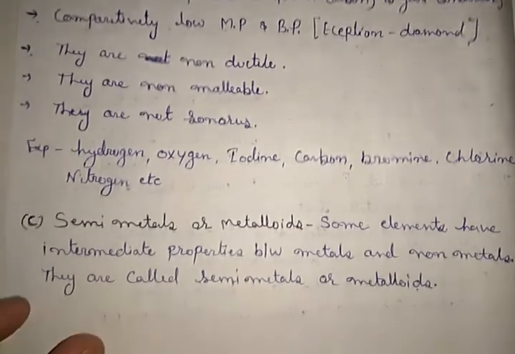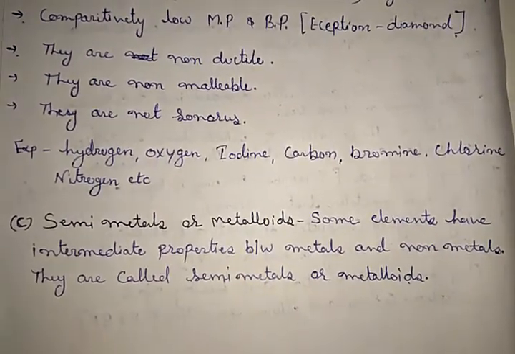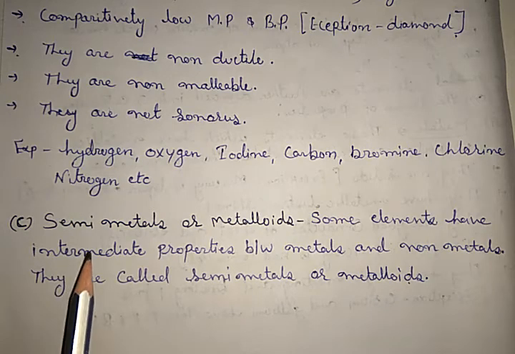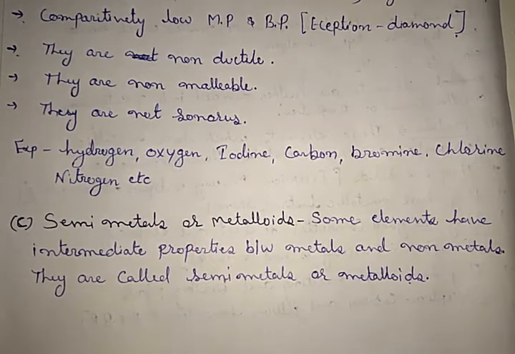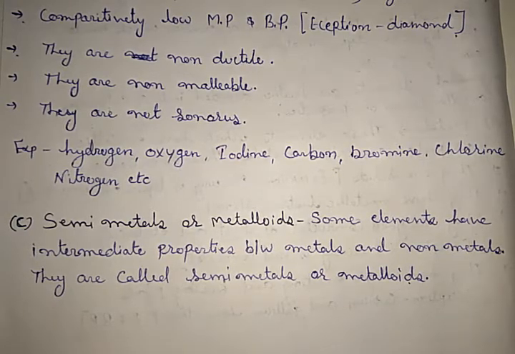And now the third type of elements: these are semi-metals or metalloids. If we consider the definition, then we can say that some elements have intermediate properties.